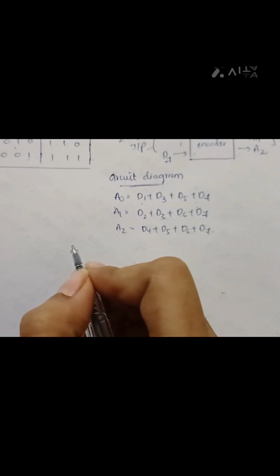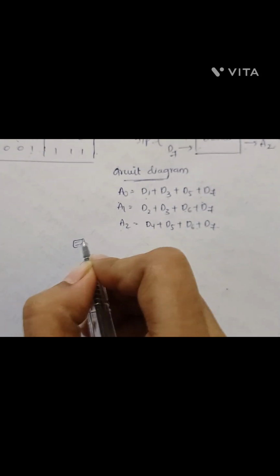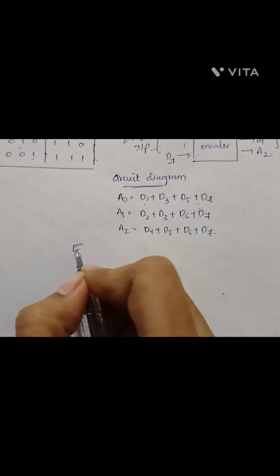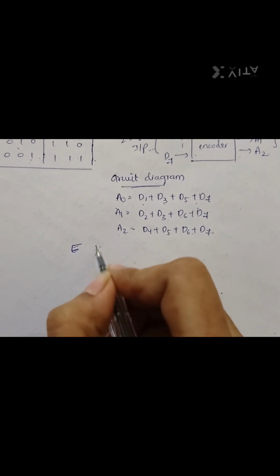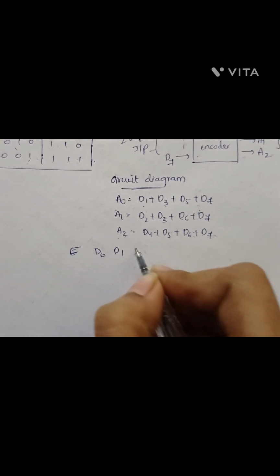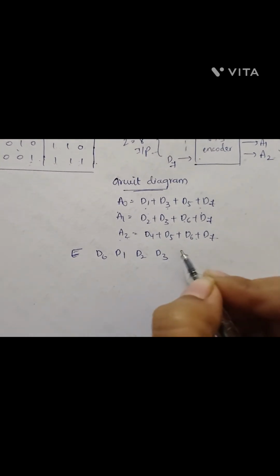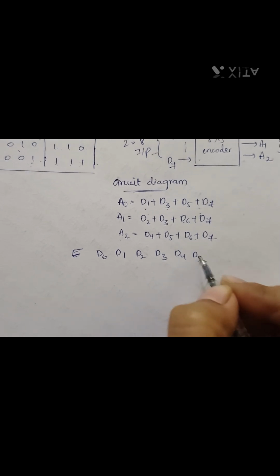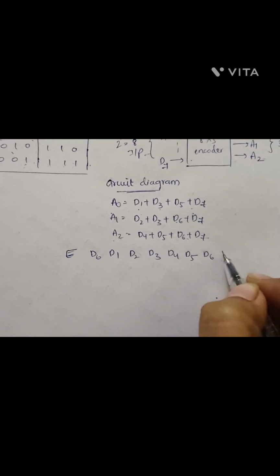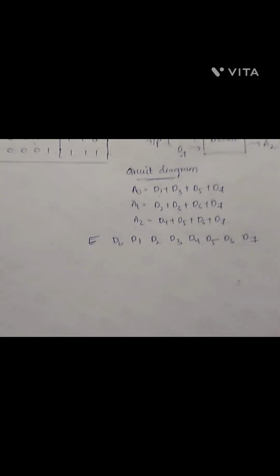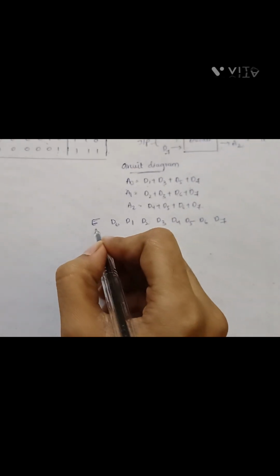Now let us see the circuit diagram. Here E is the enable switch. D0, D1, D2, D3, D4, D5, D6 and D7 are the inputs given.